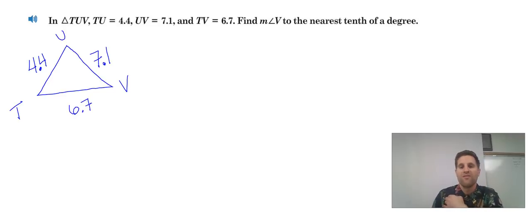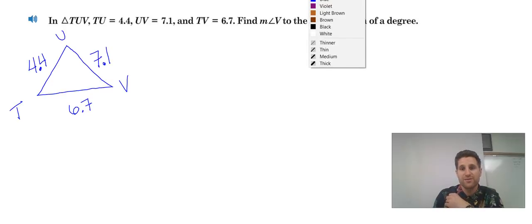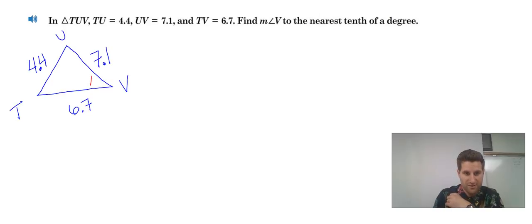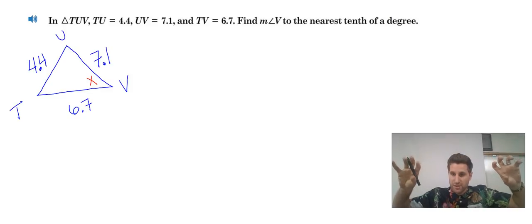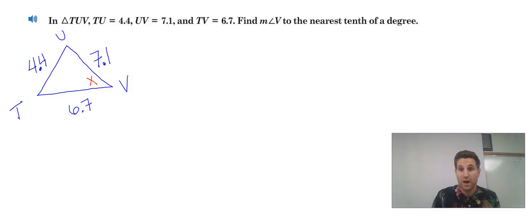Find V to the nearest 10th. So I'm trying to find V to the nearest 10th, and that's x. I know all the sides, but I want to set up the equation with the angle on its opposite side. So how do I do that?